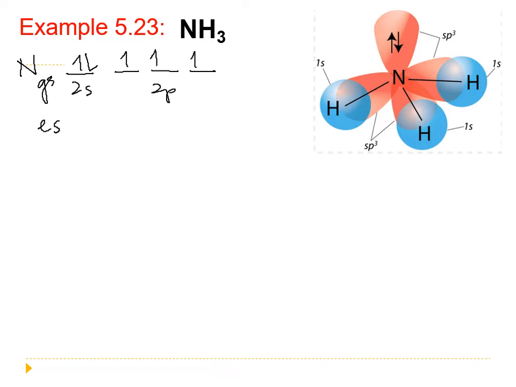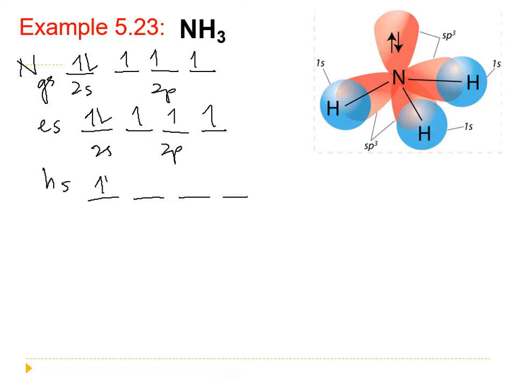At excited state, it is going to stay the same because it doesn't have an empty orbital. Hybrid state is, it is going to have a lone pair at 1 sp3 hybrid orbital, and the rest is covalent bonding with hydrogen.